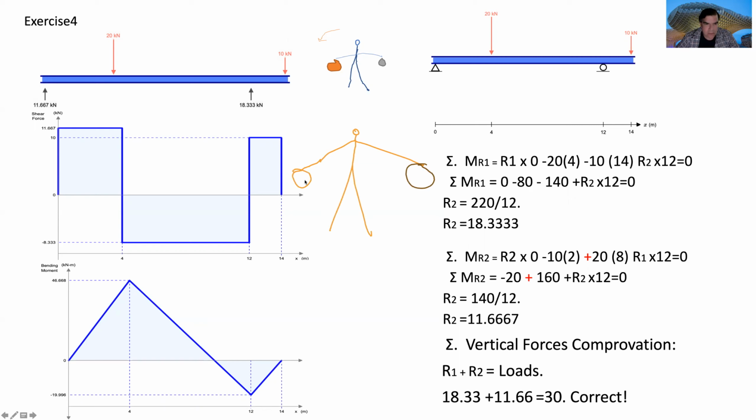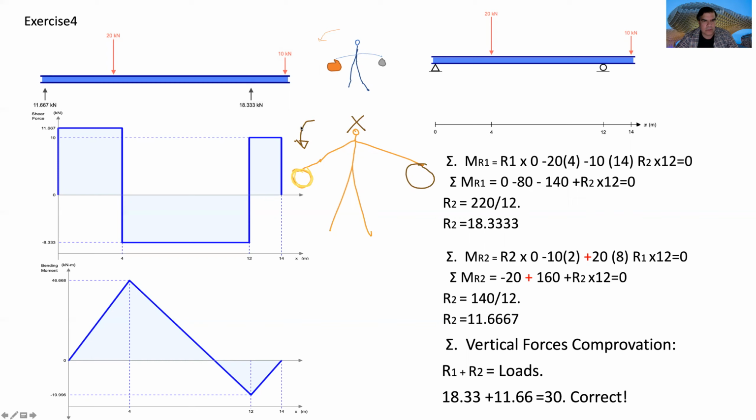Let's make it really yellow. What happens when we want to calculate the moment in the center of this body? This force will push these hands down in this direction.